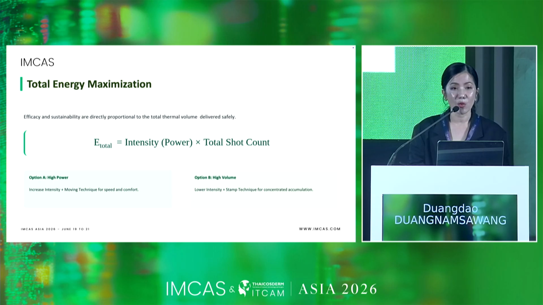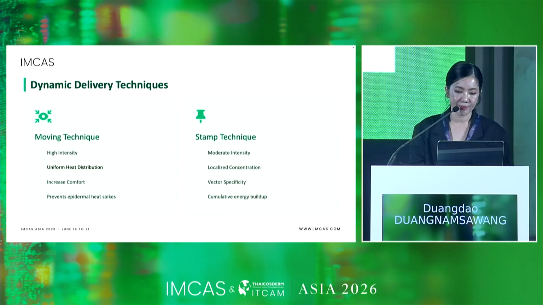In high power, you should change the technique to a moving technique. But in high volume, you can treat with the conventional stamp technique. They are different techniques. The moving technique can use high intensity, makes uniform heat distribution, and increases patient comfort because it does not stay at the same place, preventing an epidermal heat spike in one area.